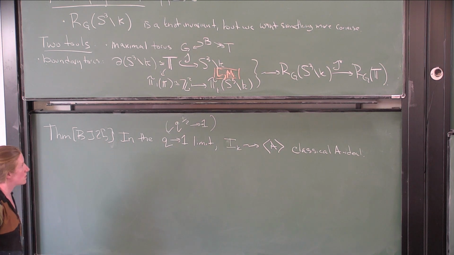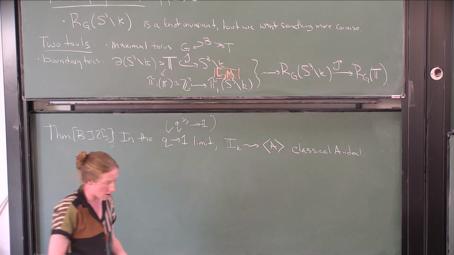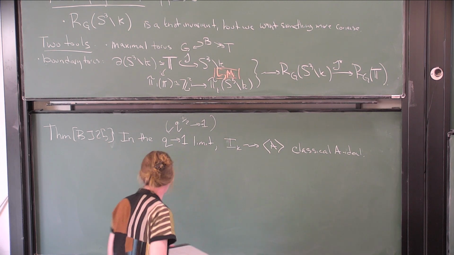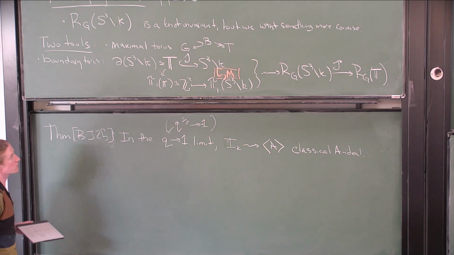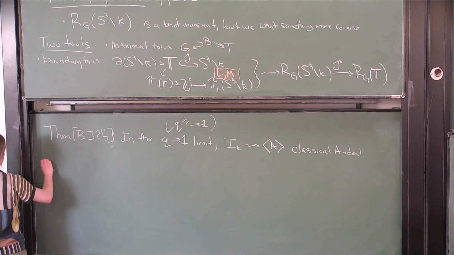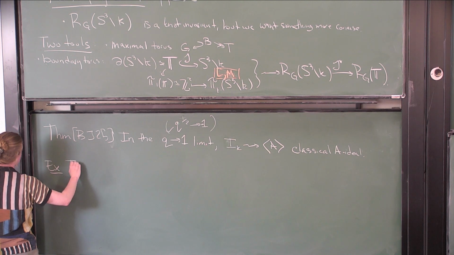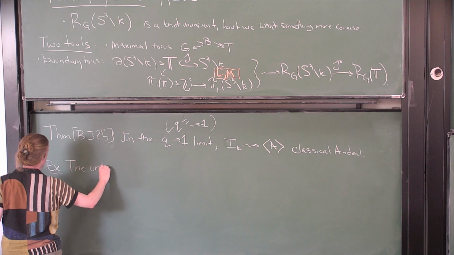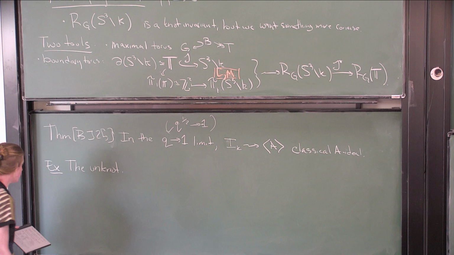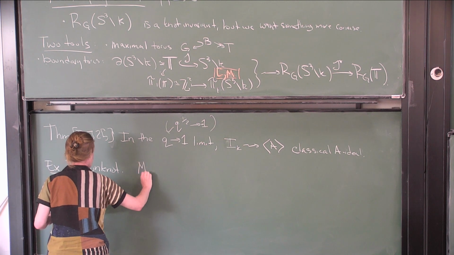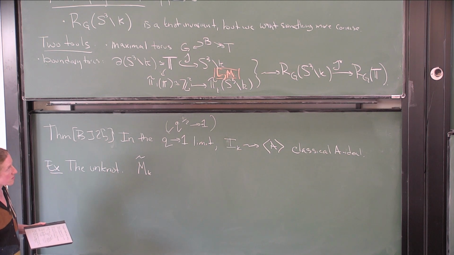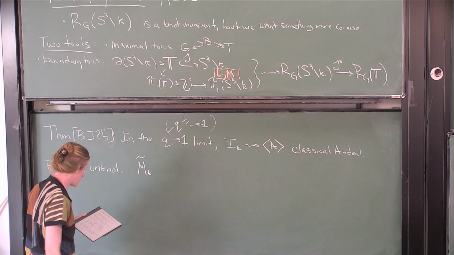We made a construction. What I would like to do now is give an example of what it might look like. Let's just do the first example. The nicest knot to draw is the unknot. What does this look like? First off, this M_K tilde is going to be the complement of an unknot with this nice stratification.